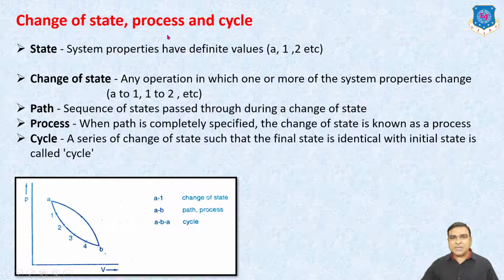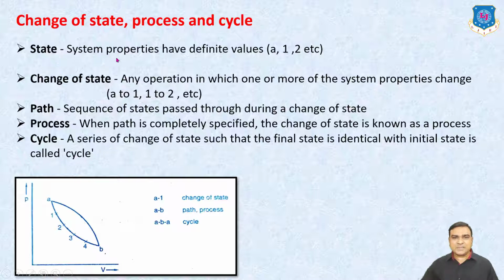Now, change of state, process, and cycle. So, what is state? When we carry out a process on any substance or gas and draw the curve of pressure versus volume, a point A at a particular pressure and volume is known as a state.